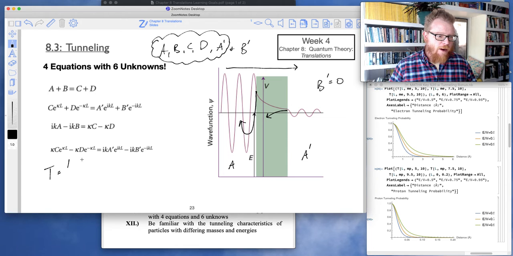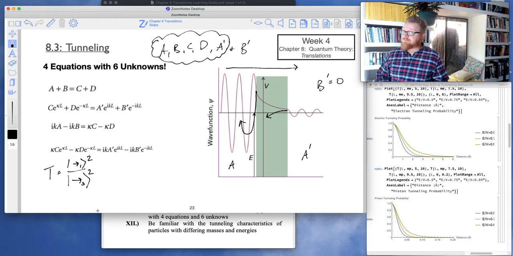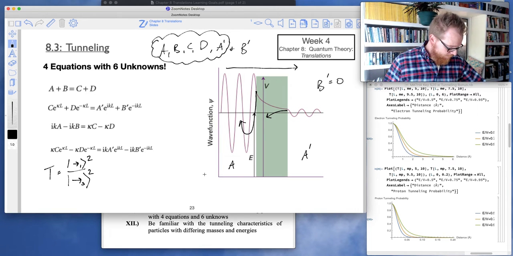I'm going to do my cool little Dirac notation. It's going to be related to the square modulus of a particle moving this way in region 1, so I'll put a little 1 right there, over the wave function square modulus of a particle moving the same direction in region 3, okay?